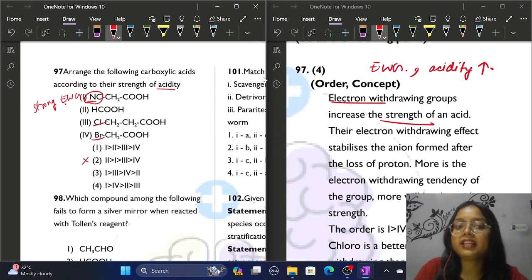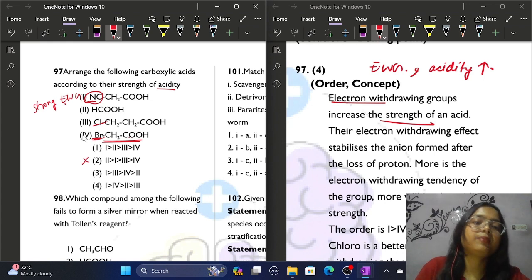Let's try to eliminate the other options first. This is also electron withdrawing and Cl is also electron withdrawing, but let's see, Br is present here. See the distance among the carbon atoms, it is present here and the COOH group is there. So Br will have the next greatest acidity after CN.